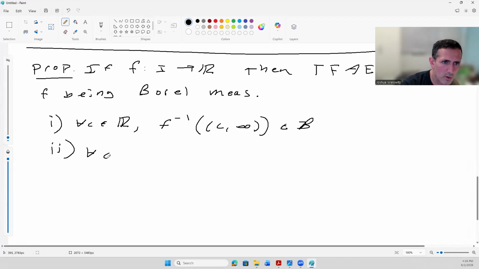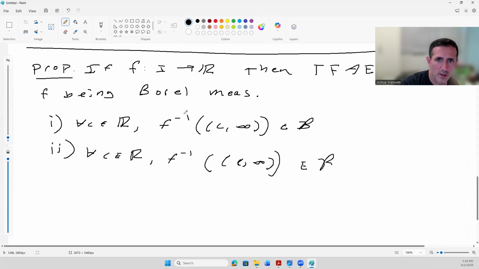Open, same thing; closed, same thing for the other kinds of intervals. Sorry, this is closed.